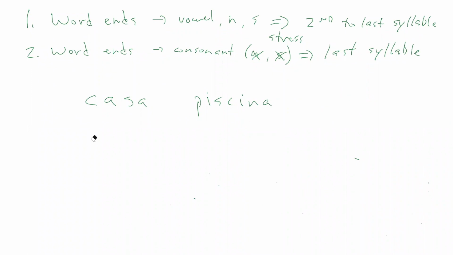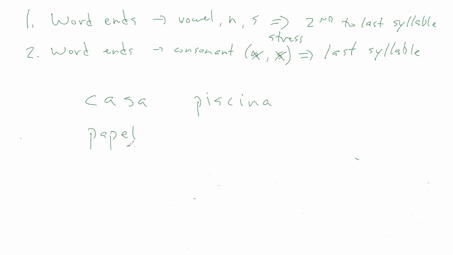We have the word papel. If we look at this one, it ends in L, a consonant, not N or S. So according to the rule, stress should be on the last syllable.